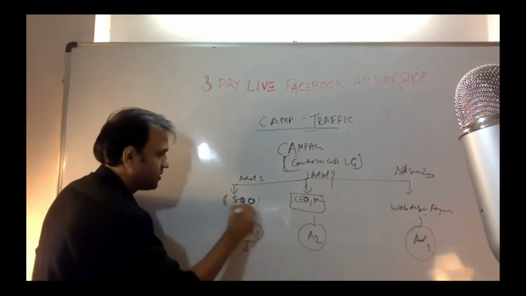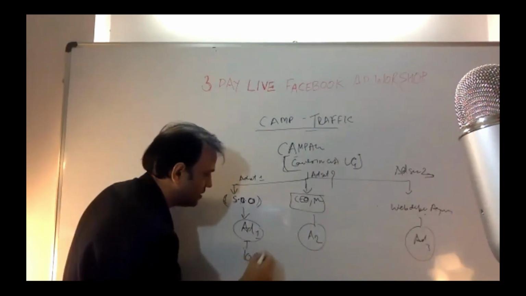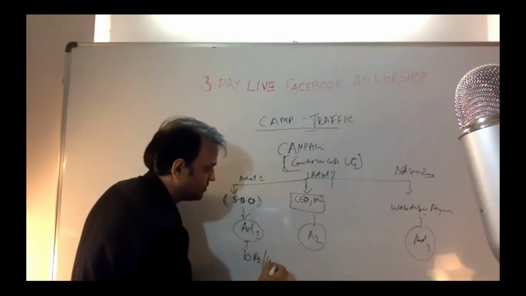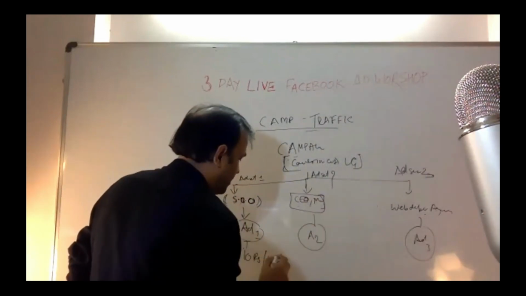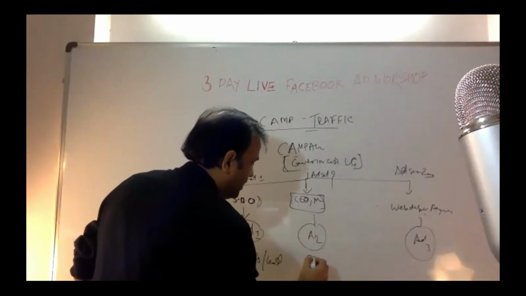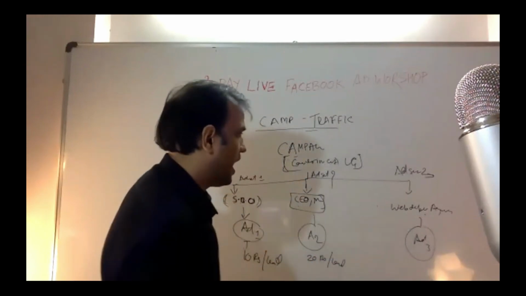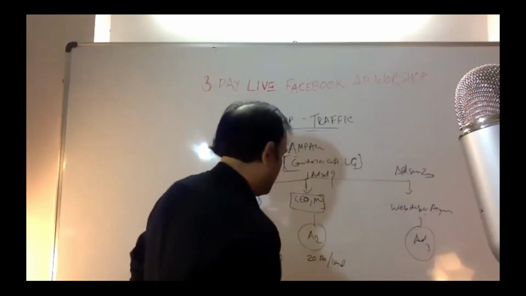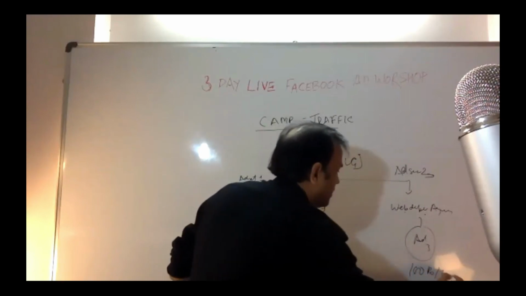So for this, I'm getting a result of, for example, 10 rupees per lead. For the CEOs, I'm getting 20 rupees per lead. And for web development, maybe I'm getting 100 rupees per lead.